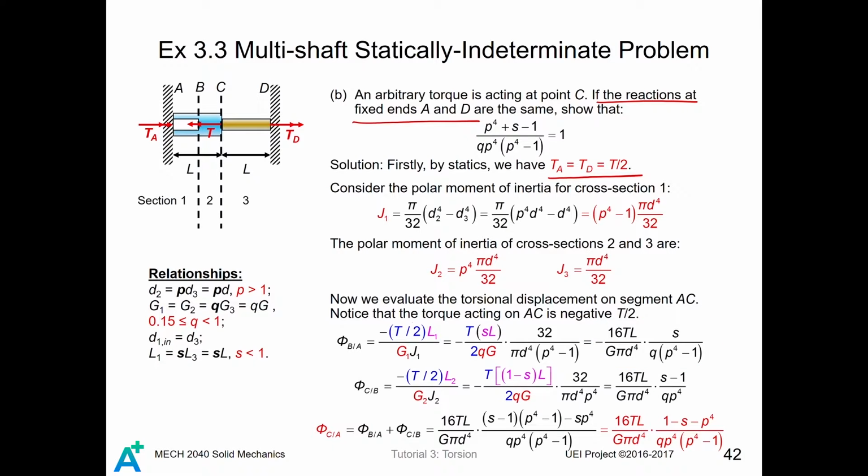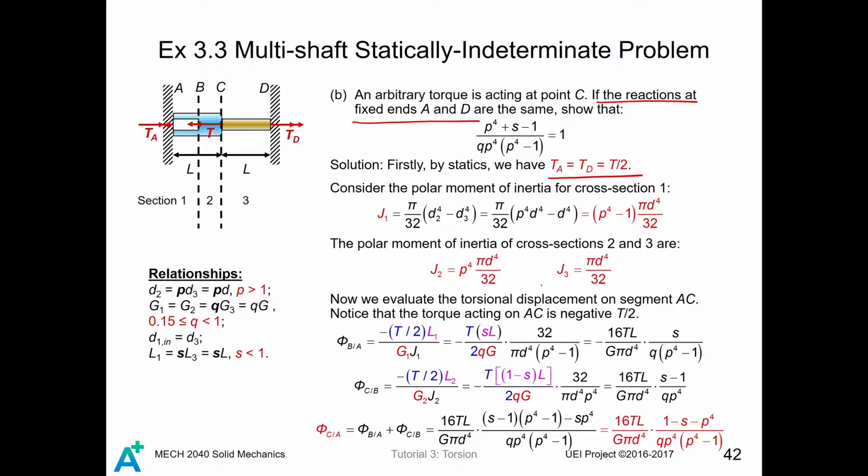Similarly, for the torsional displacement of C relative to B, first you place your torque into it, but notice, what is L2? We know that L1 equals SL, then L2 equals L minus L1, which is 1 minus S times L. We also place this polar moment of inertia into this expression, then we get this result.